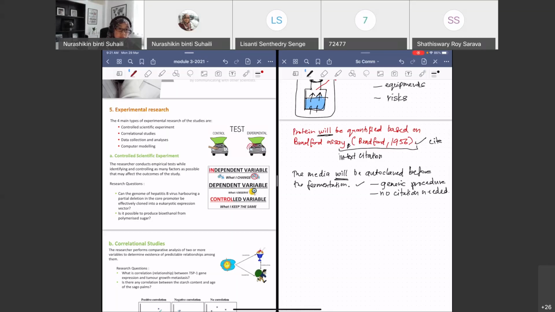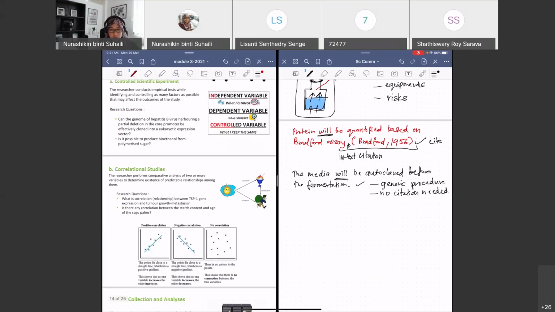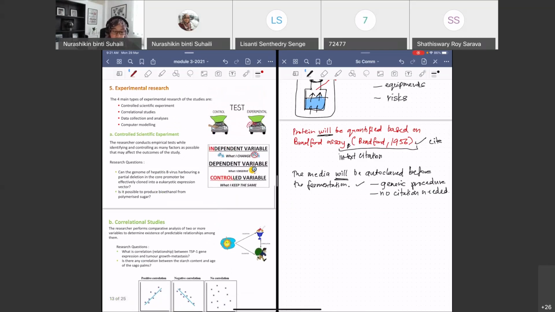Basically, it depends on the computer. Some research needs you to control the variables. Some experiments need you to compare. There are many ways actually. Let's have a look at the different types of experimental research.